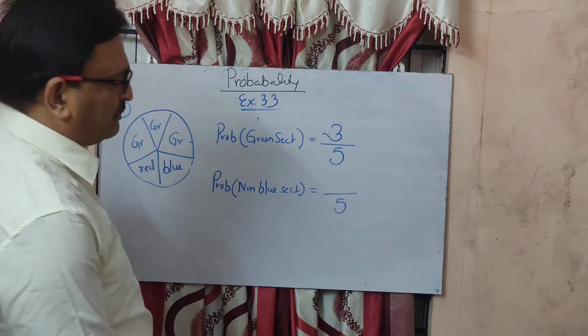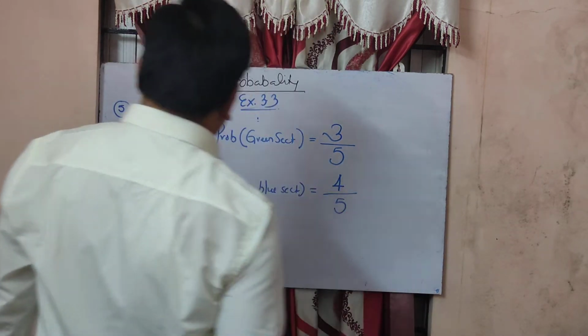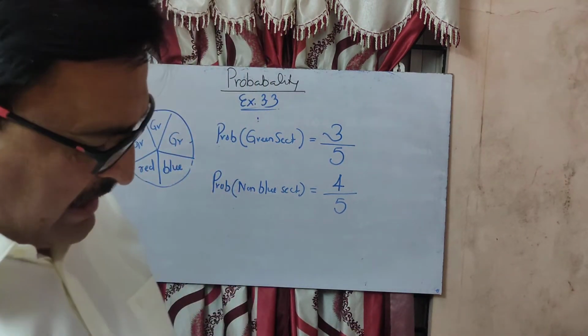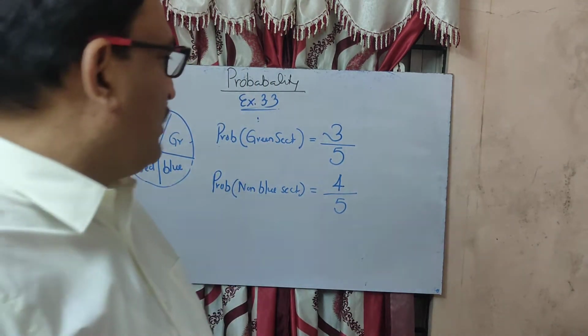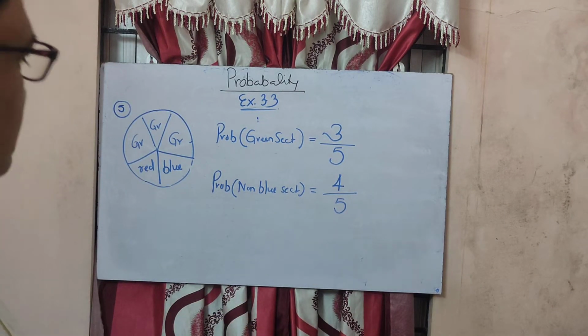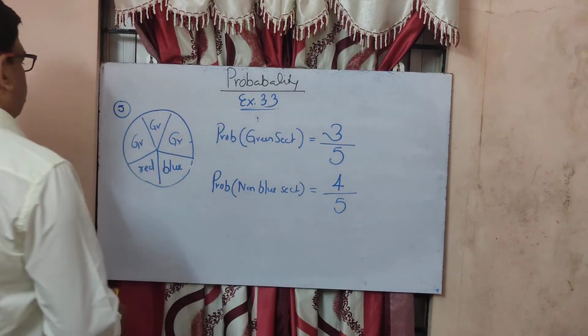There are 4. So that is 4 upon 5. So now this is the fifth question. Now we'll move to the last question, that is sixth question.